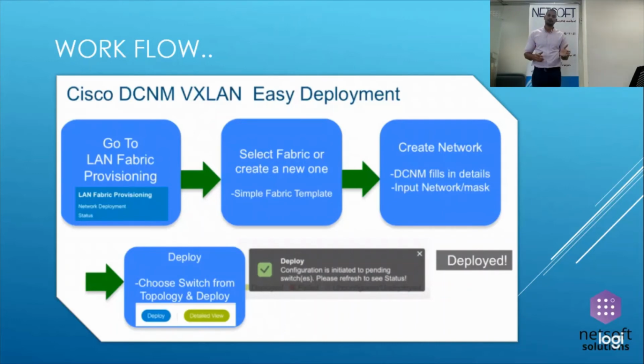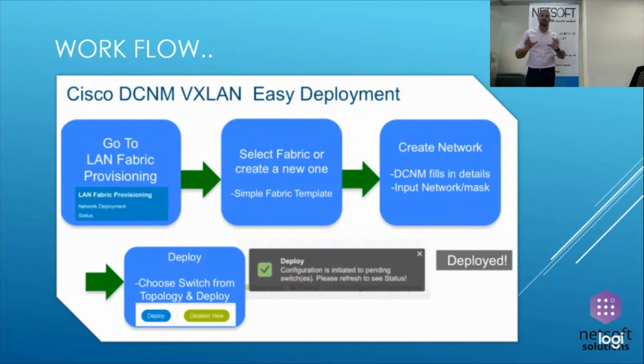Next is the create network phase. In that phase, you have to create a fabric, and inside the fabric, you have to create a network. You have to give the details of all the IP addresses you want to assign to the switches, subnet mask, gateways, and the general configuration information given at the time of installing.